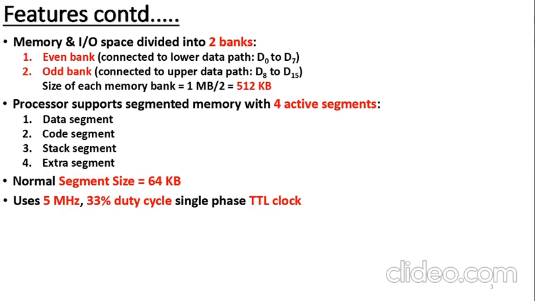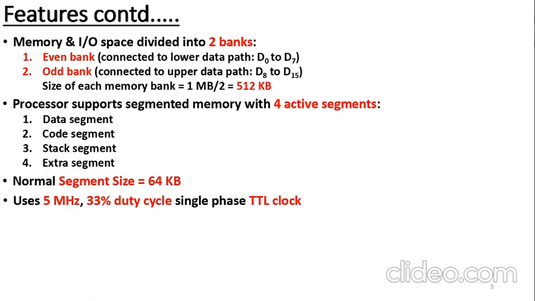Basically that duty cycle is 1/3 duty cycle. Then it is a single phase clock. It means that it is always above the 0 volt level on the positive side. Then it is a TTL compatible clock here.